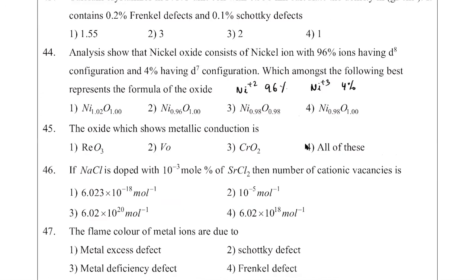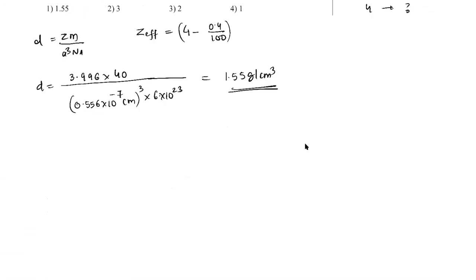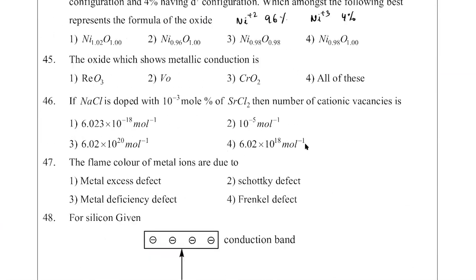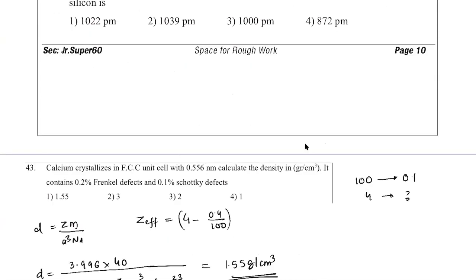For every one oxygen, what will be the number of nickel here? So 2 times, which is the charge of nickel, into 96% plus 3 times into 4%, right?